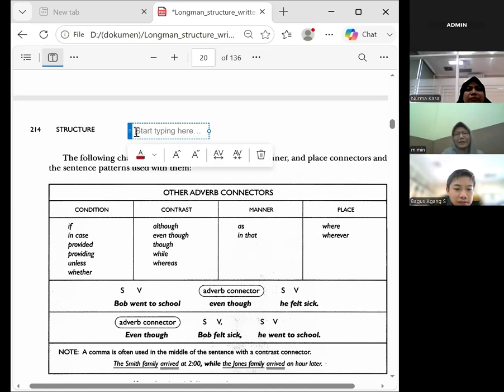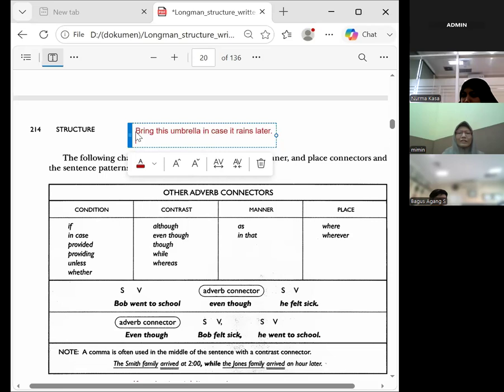Like this: bring this umbrella in case it rains later. Or bring this umbrella if it rains later.